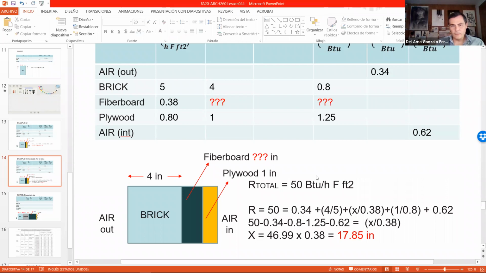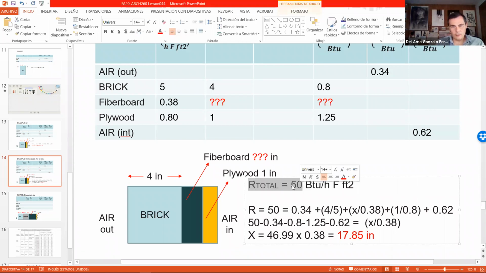Okay, is it clear? Now we have this constraint, so we need a thermal resistance which is minimum 50, and we need to provide our client or the construction company with the right amount of thermal insulation. So the right amount of thermal insulation would be 17 inches. So we don't have 17.85.